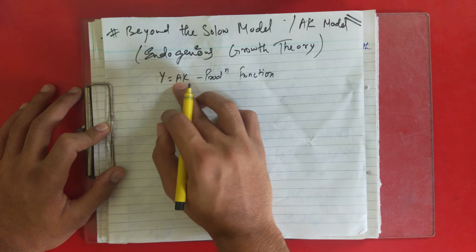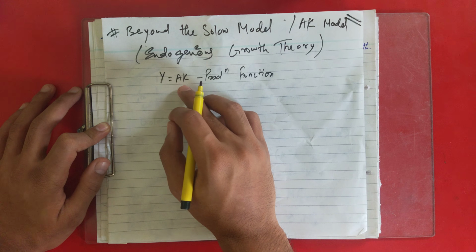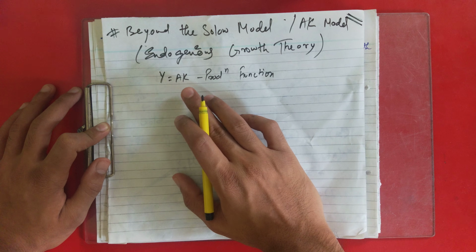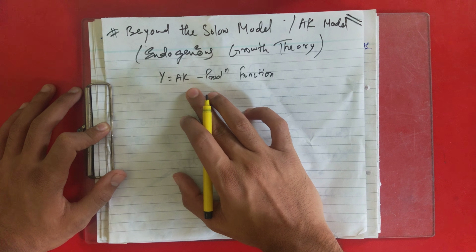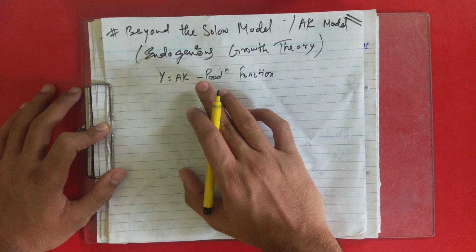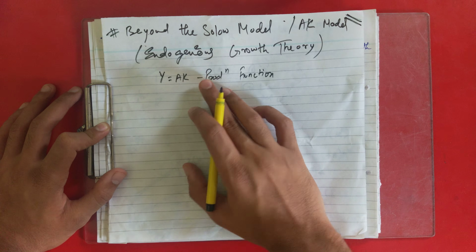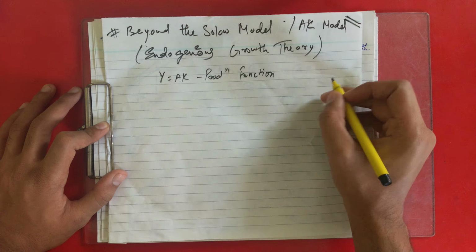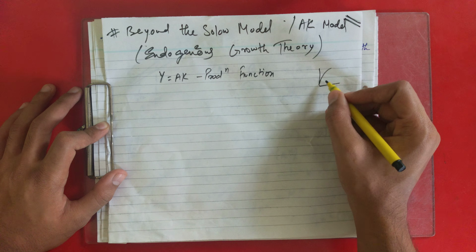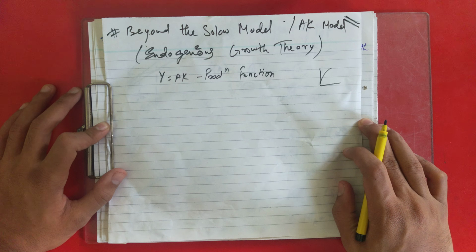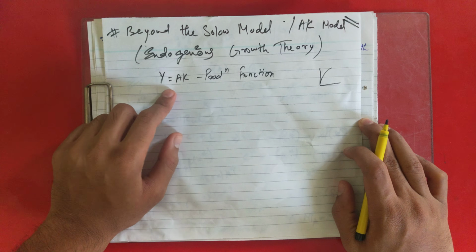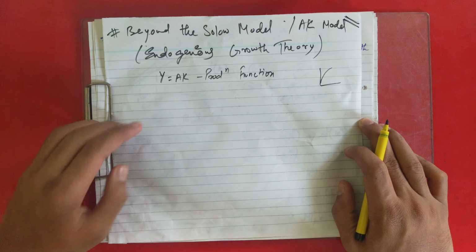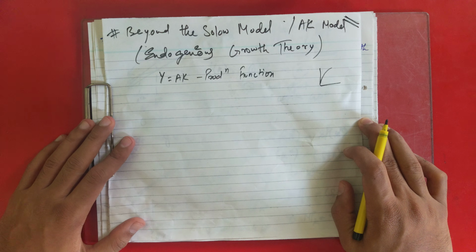Here the production function is Y is equal to AK, and it does not represent diminishing return to capital, but in the Solow model they took the assumption of diminishing return to capital. So I told you the two distinctions.